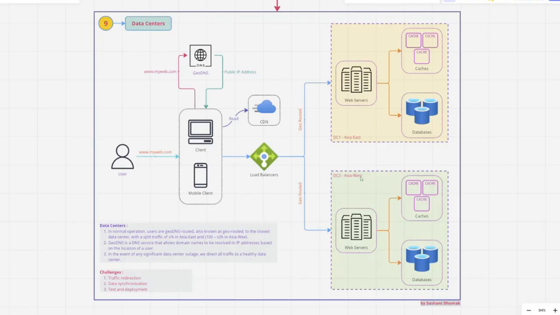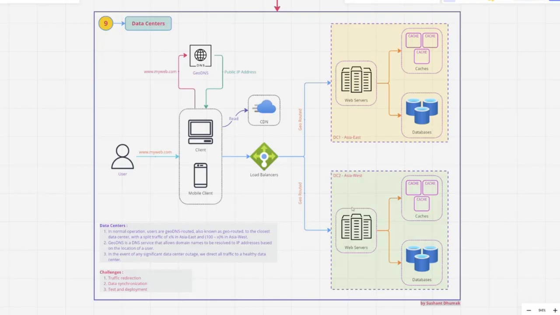Maybe Asia West itself has multiple data centers, so some other healthy data center will get all those requests. That is the main purpose, that even though a data center goes down because of any event, the request should still be served with a proper response.